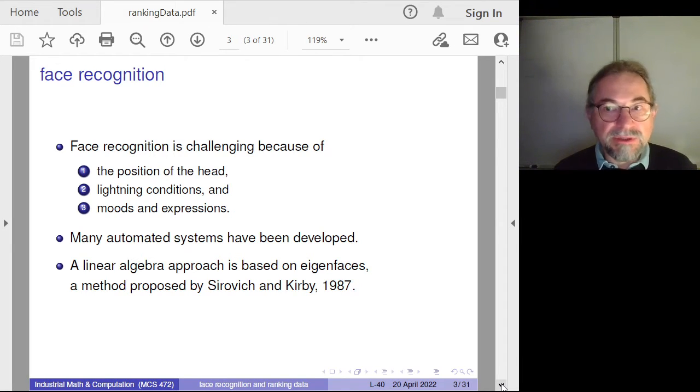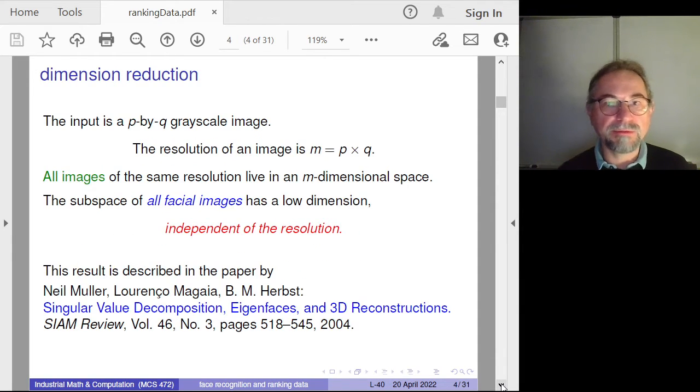The method that we are going to discuss here is a linear algebra approach, which goes back to 1987. It leads to eigenfaces. How can this problem be dealt with? Well, on input we have a grayscale image.